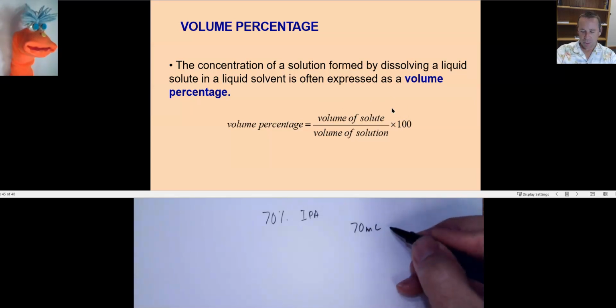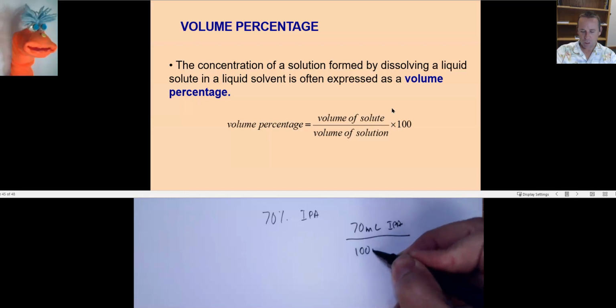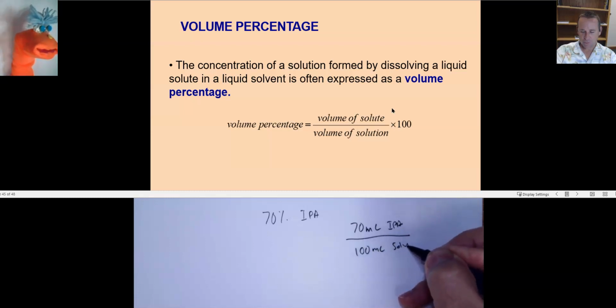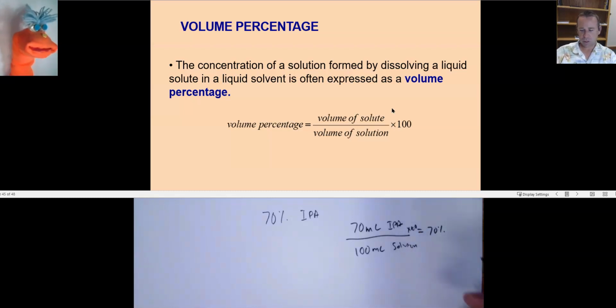So 70 milliliters of isopropyl alcohol for every 100 milliliters of the solution. And times 100, that gives me 70% isopropyl alcohol.